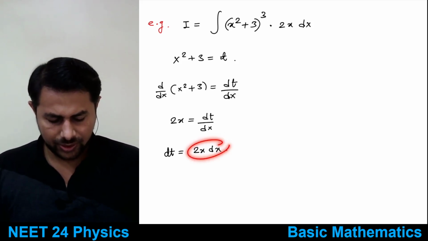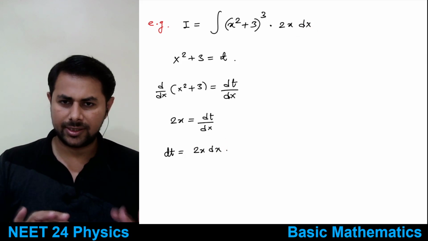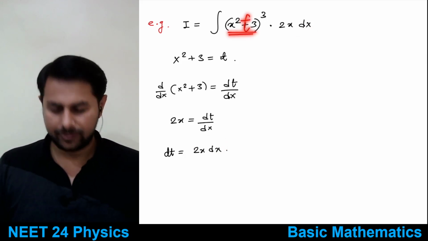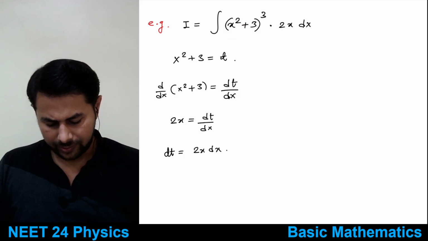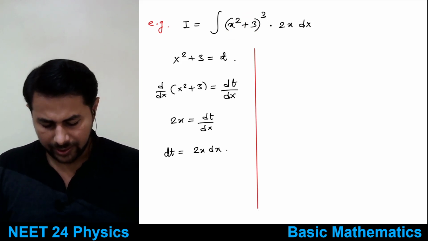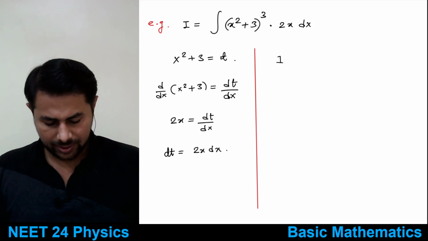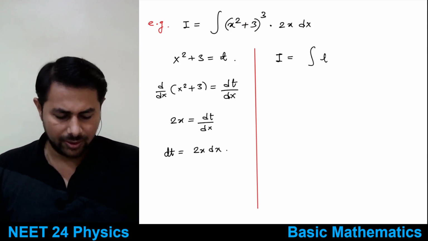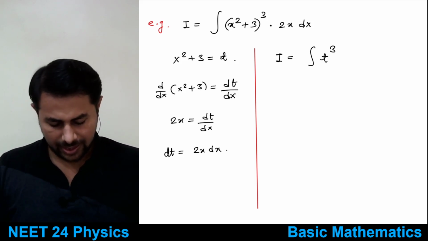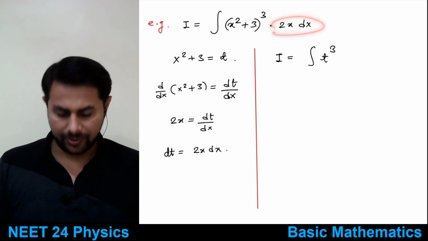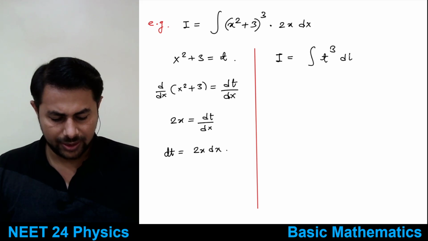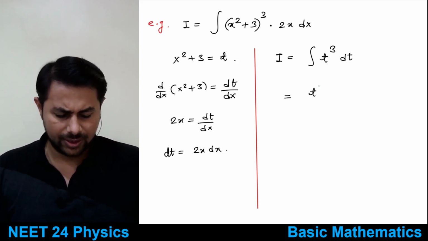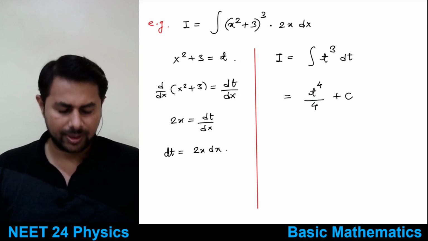So you see here, 2x dx is already there. That means if you substitute t for this, then your integral is simplified. So it is the integral of t raised to 3 dt, and that's equal to t raised to 4 by 4 plus c.